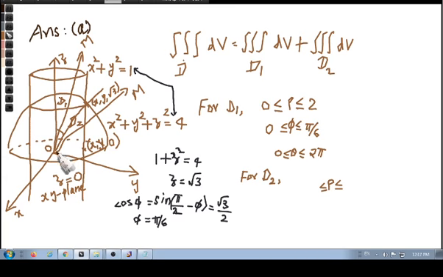So it enters the region when rho equals 0. So the lower limit is 0. And what about the upper limit? So let us take a typical point. Let us say this point. So let the coordinates be x comma y comma z. So what about this height? It is precisely z.